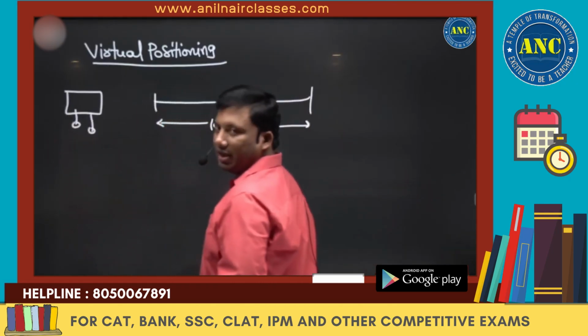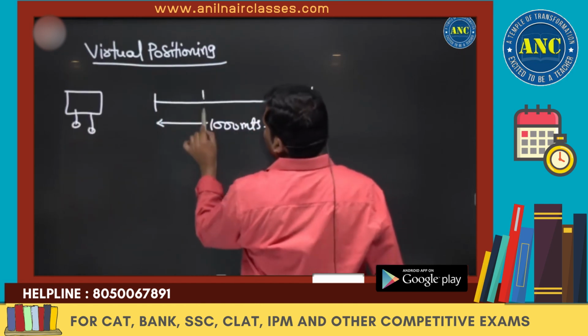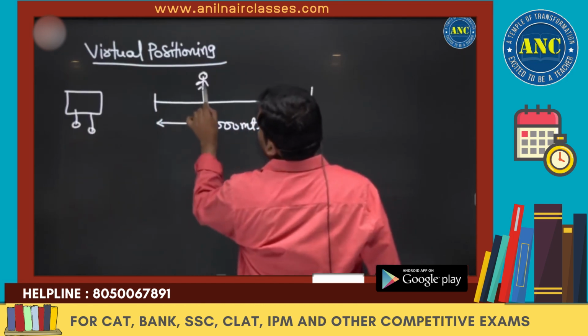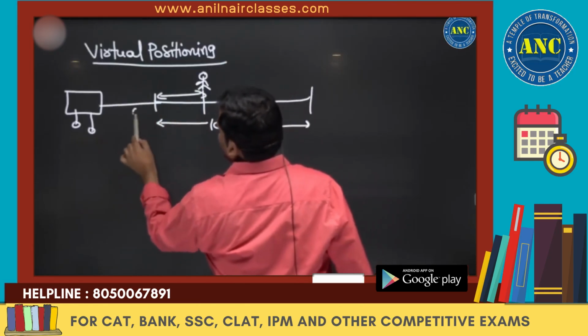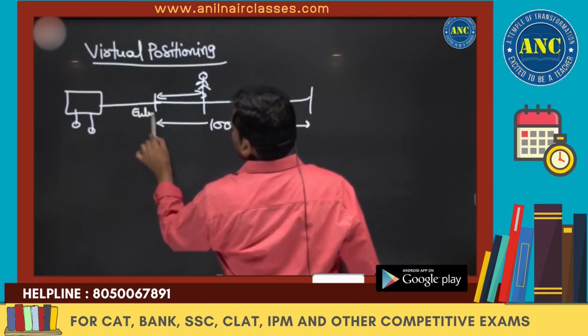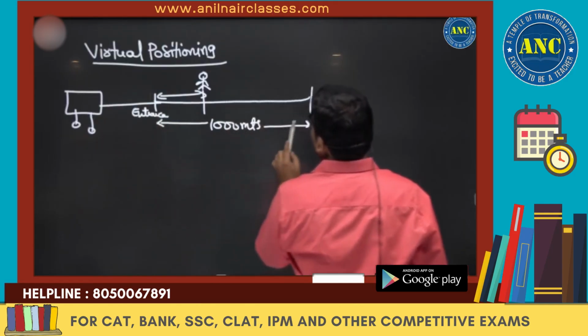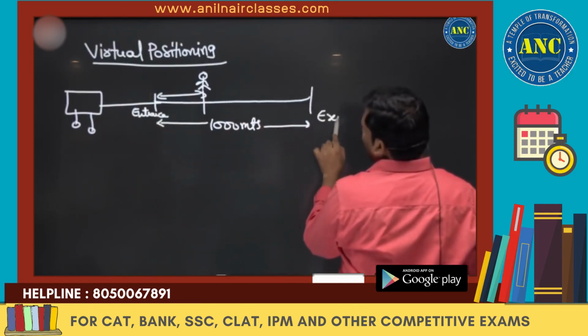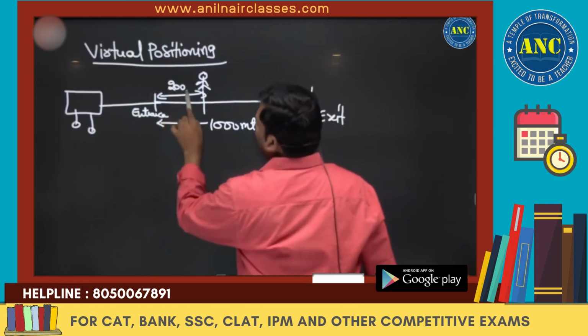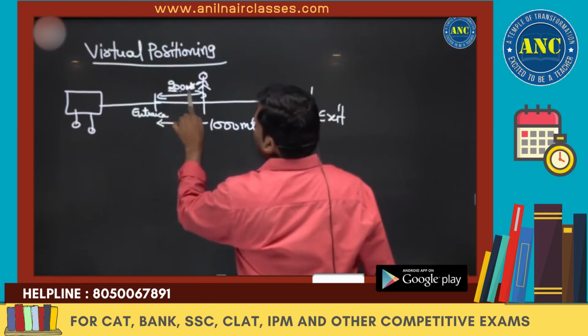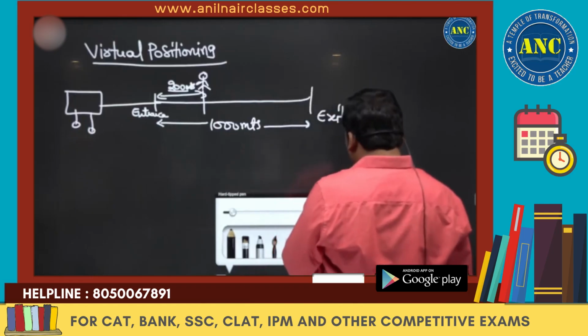The thief is here, at a distance of 200 meters from the entrance. This is the entrance of the bridge. This is the exit of the bridge. The thief is standing at a point 200 meters from the entrance.